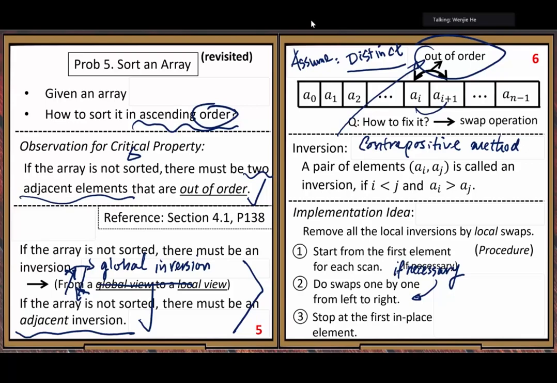Which element is it? Swap, swap, swap. The larger element always swaps to the next position. Every time we do a swap, the larger one moves to the next location. After you reach the end, the maximum is swapped all the way to the end. Is that in place?